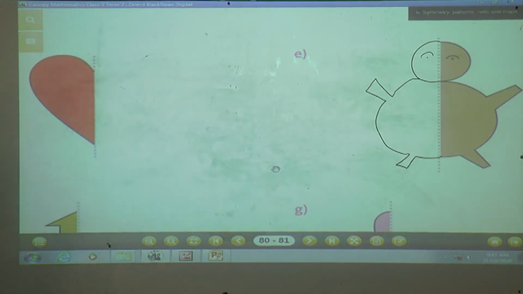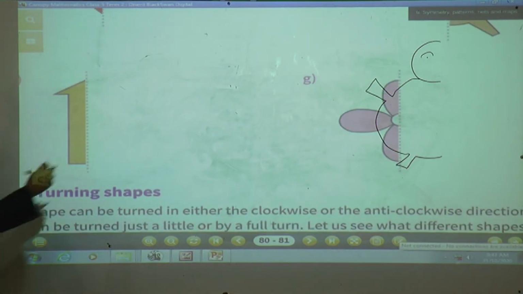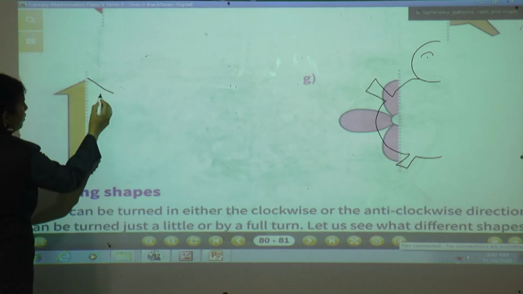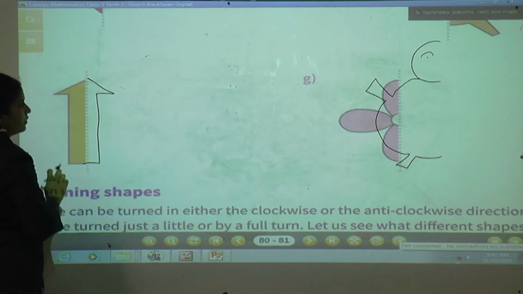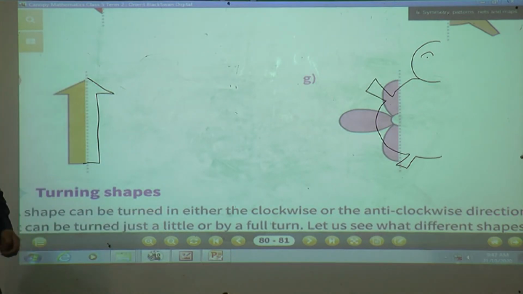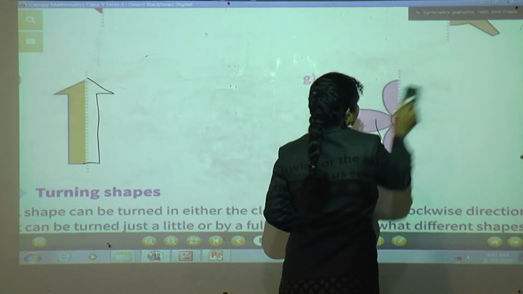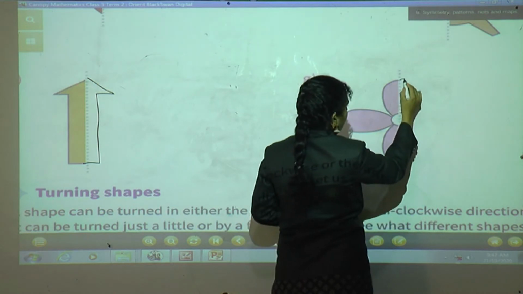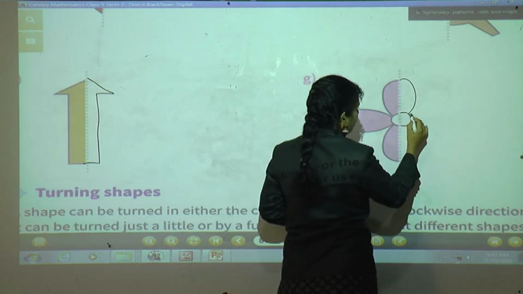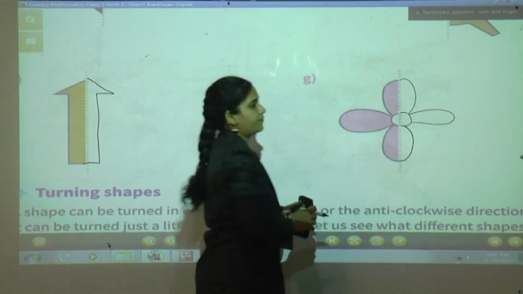Now see F. How to draw now students? Yes, like this you can draw. And here also the same. So you can draw the figure like this, and you can color it also.